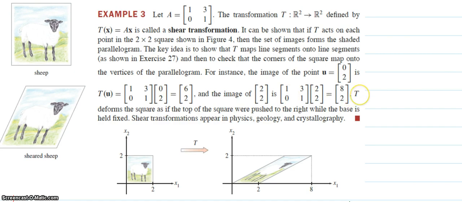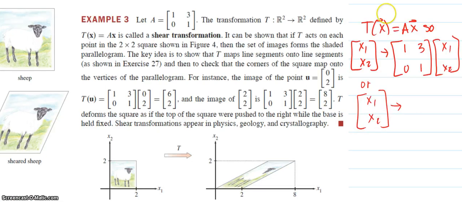And you could have done this like I did for an x1, x2, looking at T of x equals Ax. You can put in an x1, x2 by multiplying the matrix times our x1, x2, and what we would get is the first row times the column, which is x1 plus 3x2, and then the last one would just be x2.